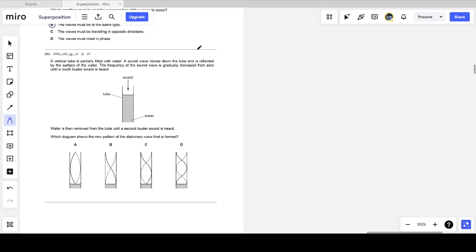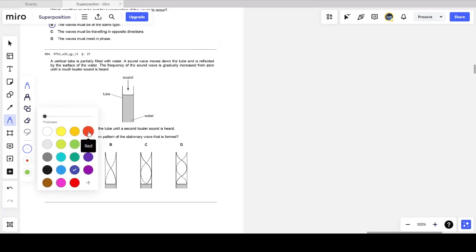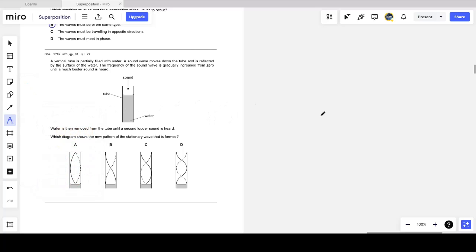So there's a sound wave, and then there's another sound wave, and we want to know which pattern will be the second of the sound wave that is heard. So let's draw what the first pattern would look like. When the maximum sound is heard, then we have a standing wave. When we have a standing wave, then we have a node at the closed end, or at the fixed end, and then an antinode at the open end.